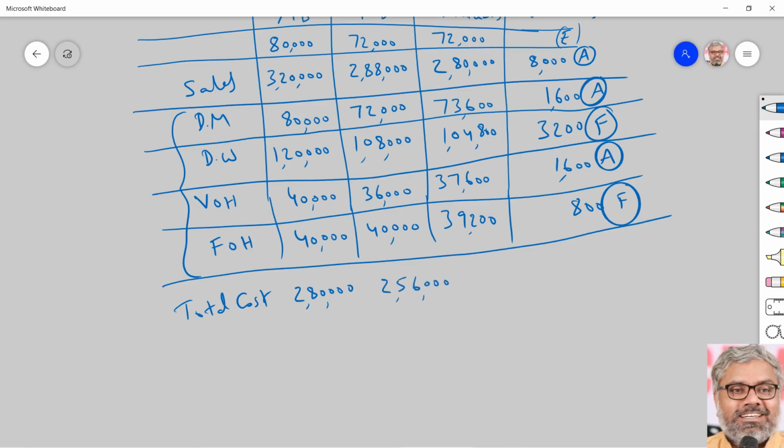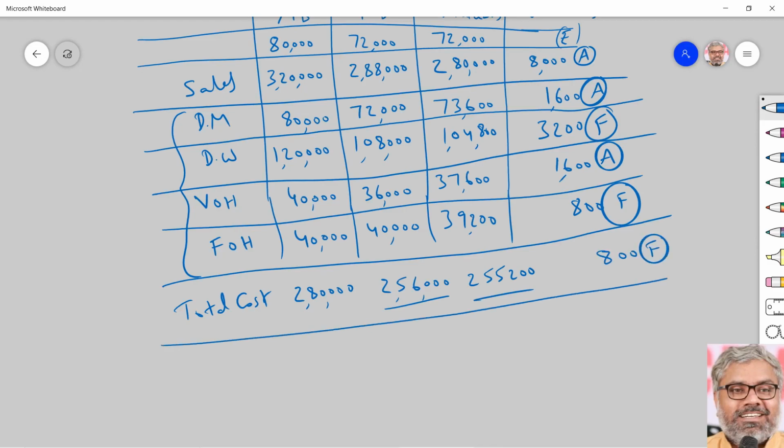Then how much is the actual cost really incurred? 73,600, 1 lakh 4,800, 37,600, 39,200, 255,200. So as far as cost is concerned, a lesser cost is incurred, 256,000 versus 255,200. That means there is a favorable variance of 800 rupees in terms of total cost.